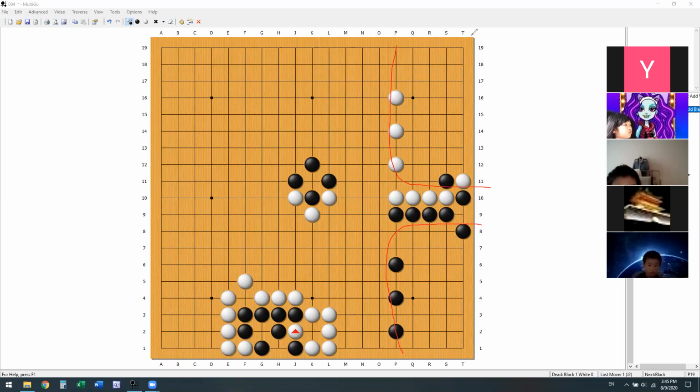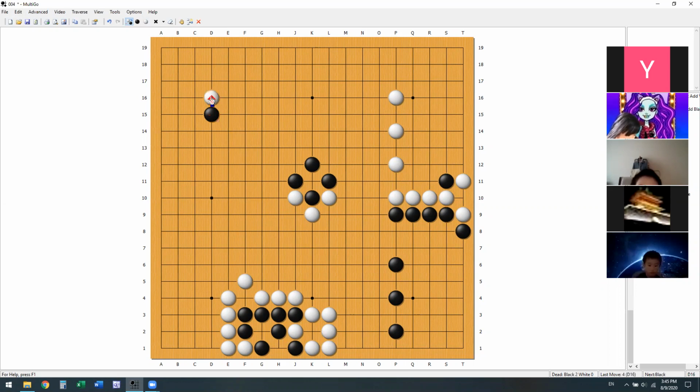But right now, there is a ko. Now it's white's turn. So white will capture this stone. But black will try to find a ko threat. The ko threat is something that white has to answer.